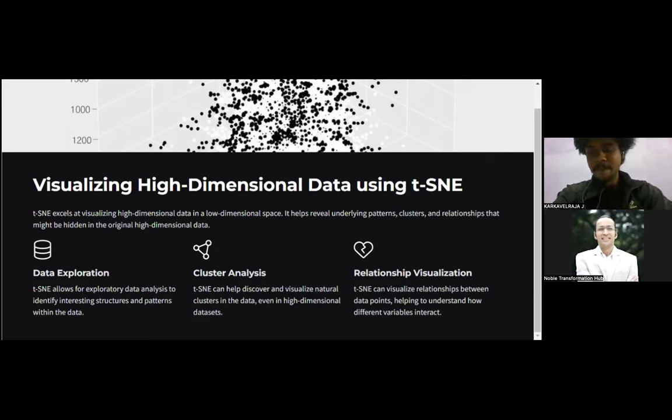Relationship visualization: t-SNE can visualize the relationship between data points and helps to understand how different variables interact. So with visualization it helps us. That's why it is very powerful for visualizing high dimensional data using t-SNE.